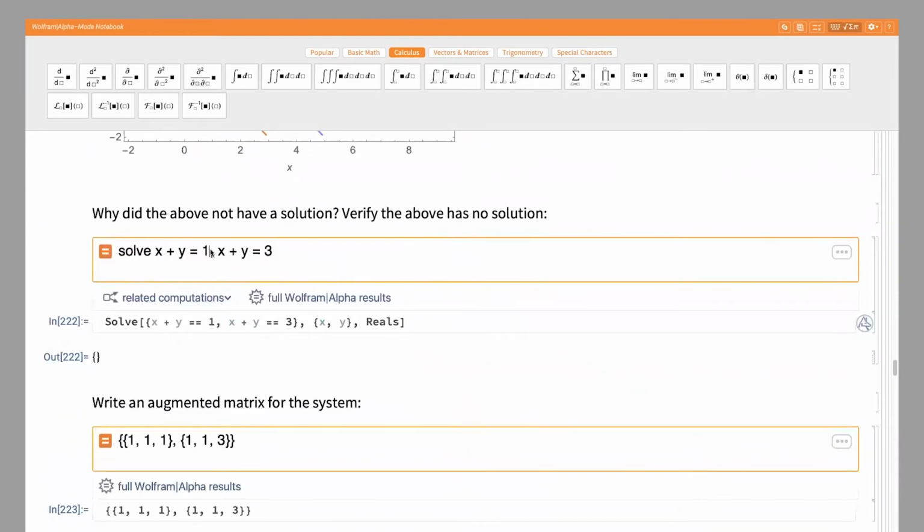We can verify this using the Wolfram language. As I was saying earlier, we have this natural language processing, where the student can just type in "solve x plus y equals 1, x plus y equals 3". If you're coming into the Wolfram language without experience developing Wolfram code, not only can you still input the equation as you would in Wolfram Alpha, you also get back the Wolfram language equivalent.